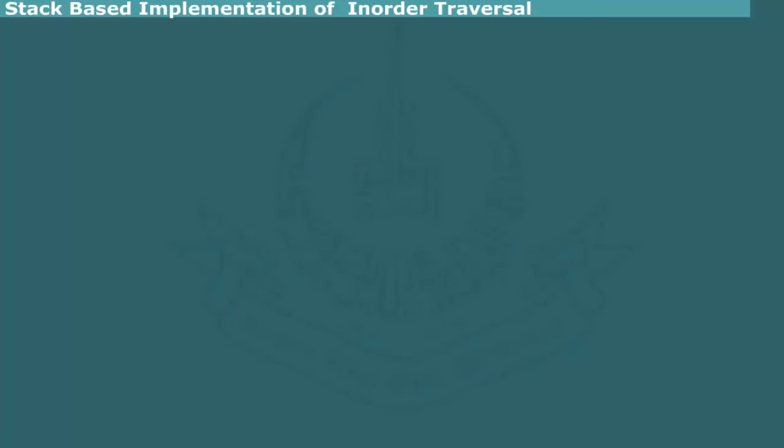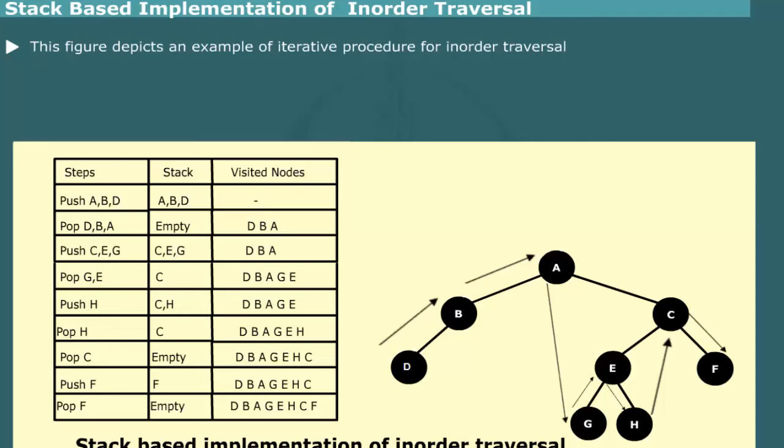Let us explore how the algorithm can be applied to traverse a tree. Figure shows a sample tree. We follow these steps to traverse in order.